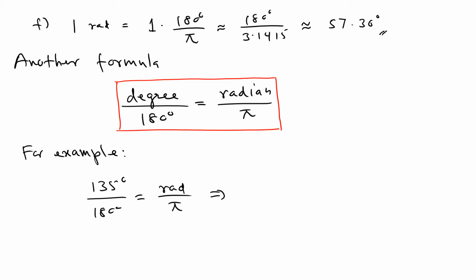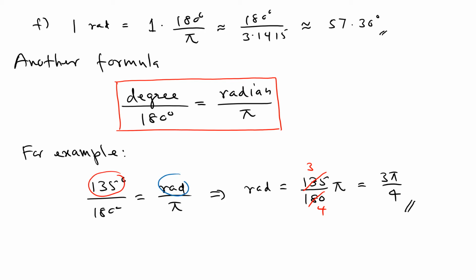So if you simplify, you can see the radian value equals 135 divided by 180 times pi. And if you simplify, you can see there are 3 of 45, there are 4 of 45. That means it is 3 pi over 4. So that's another way to find it. So you plug in the one that you know and solve for the unknown. So that's how you use the formula.